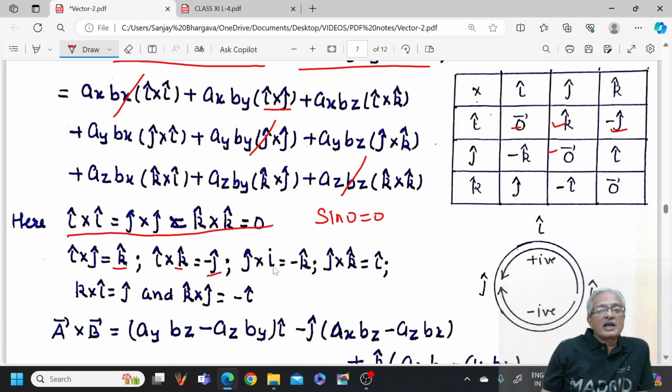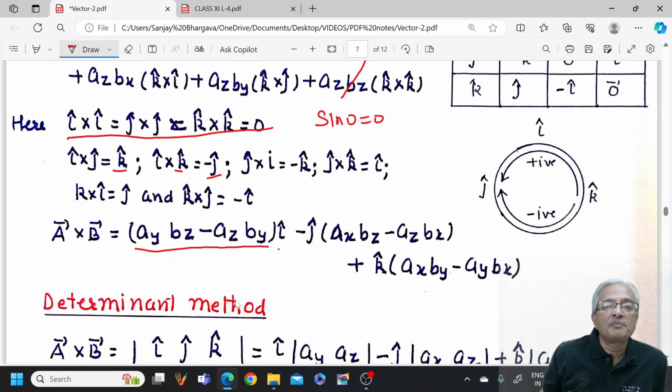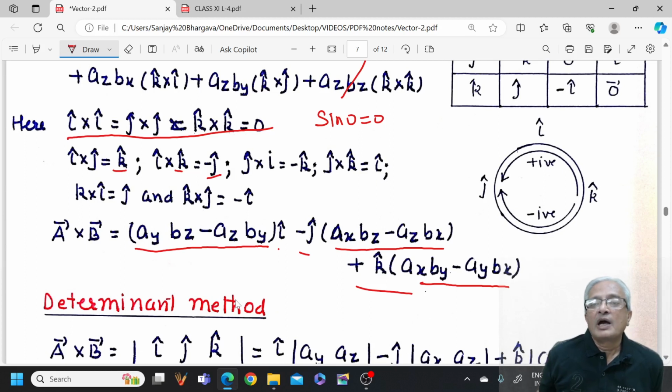So all the terms can be written and readjusted in this format. So I will obtain A vector cross B vector as Ay Bz minus Az By i cap, minus j Ax Bz minus Az Bx, plus k Ax By minus Ay Bx.